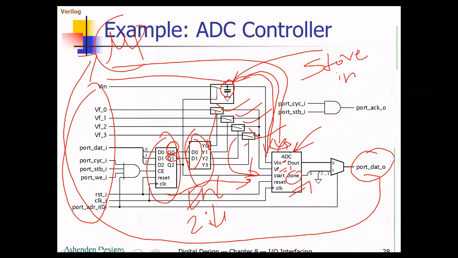I repeat. So here the start bit is going to be 1 based on the inputs from the processor. How, in the sense? This circuit is going to give the start bit 1. If the start bit is 1, in the same way the input is given to Vin by connecting the circuit.